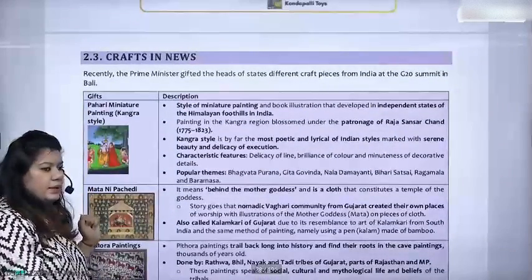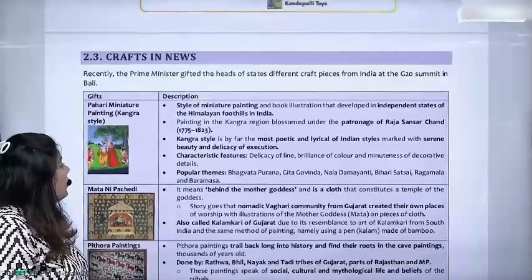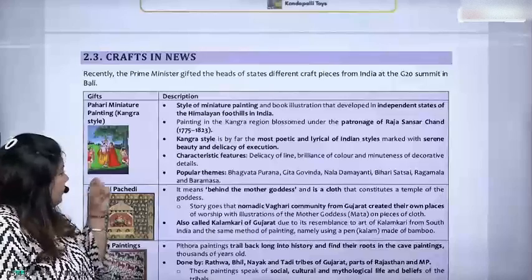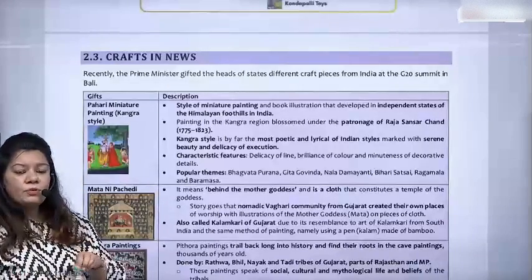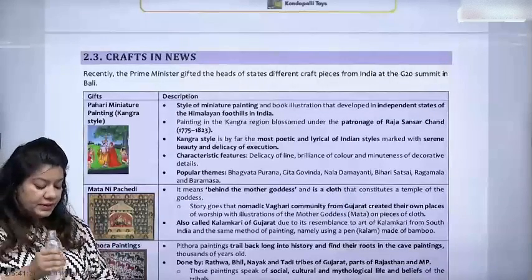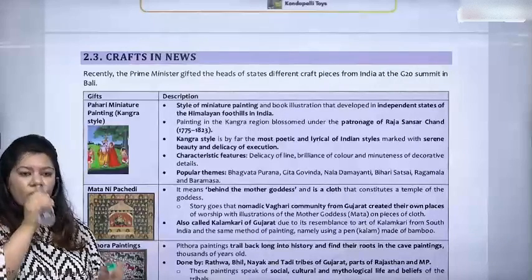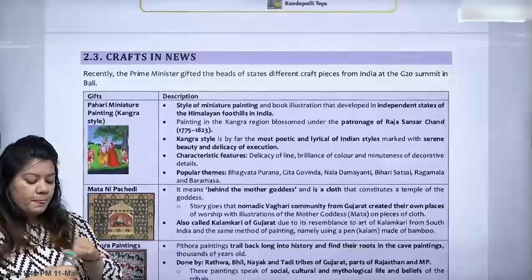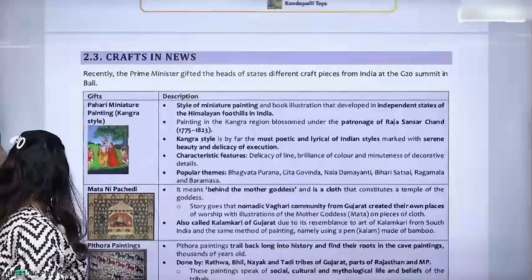Pahari miniature paintings. And within Pahari school, Kangra style painting has been given, right? So there are different schools of painting, you know. First tell me different types of painting in India. I'll give you the framework for paintings.